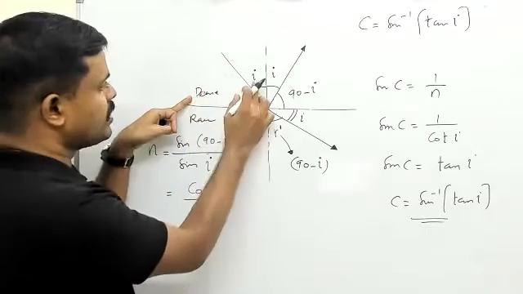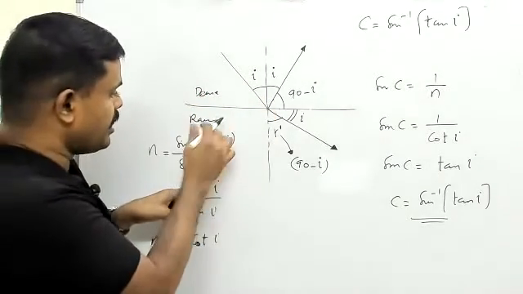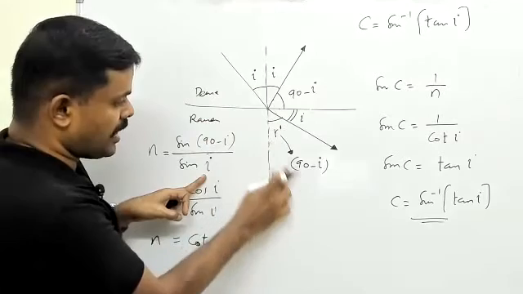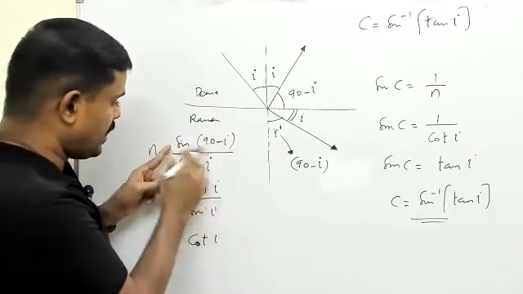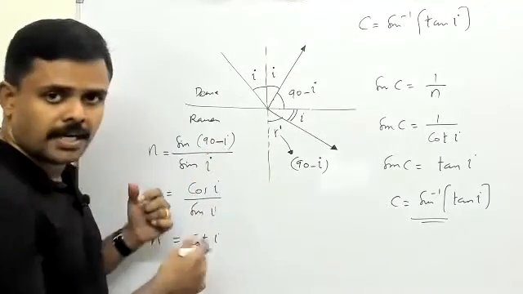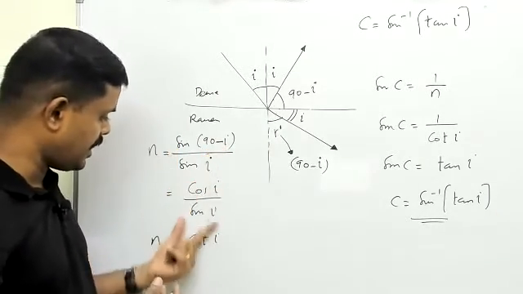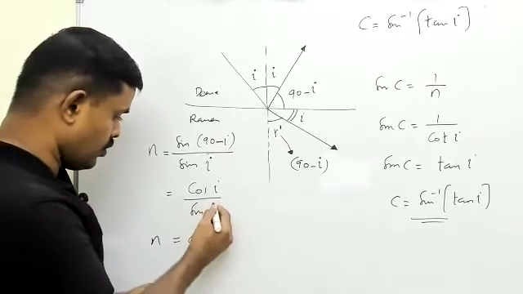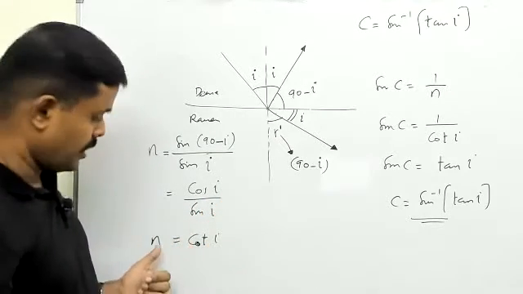The denser medium angle is I, which goes in the denominator. The rarer medium angle is R dash, which is 90 minus I, and that goes in the numerator. Sine 90 minus I is cos I, sine 90 minus theta is cos theta, class 10 trigonometry. So cos I by sin I is cot I. Cos by sin is cot. So n is equal to cot I.